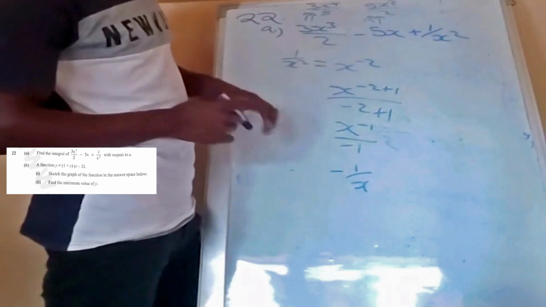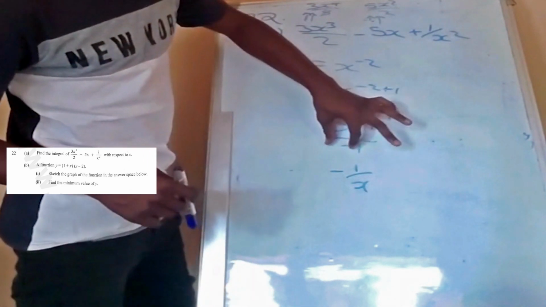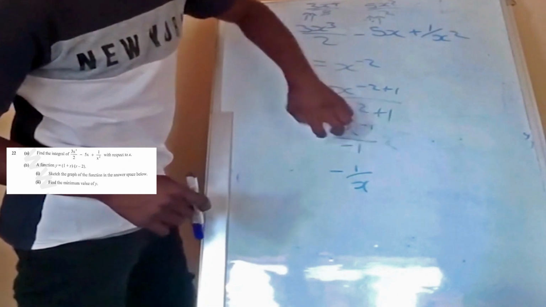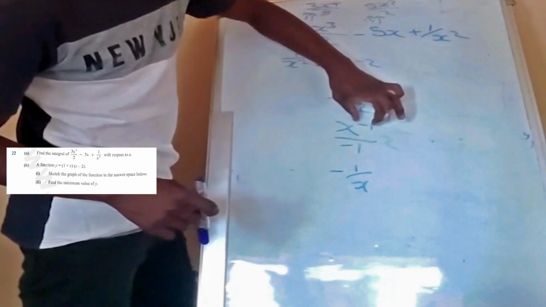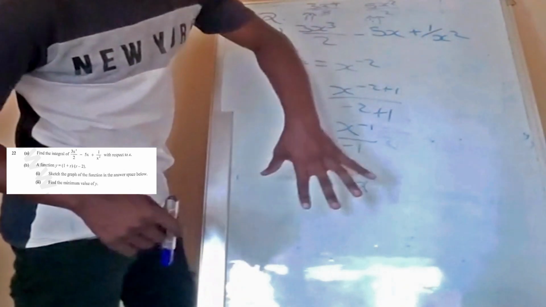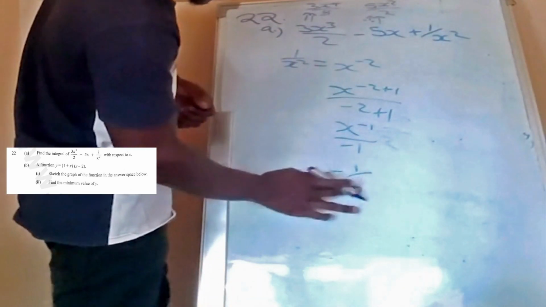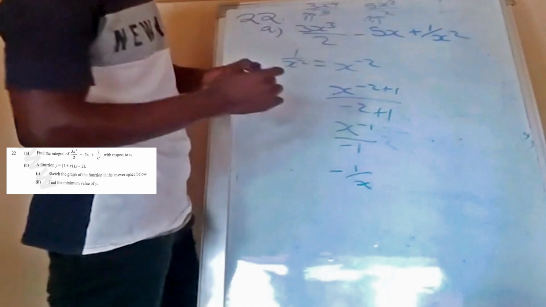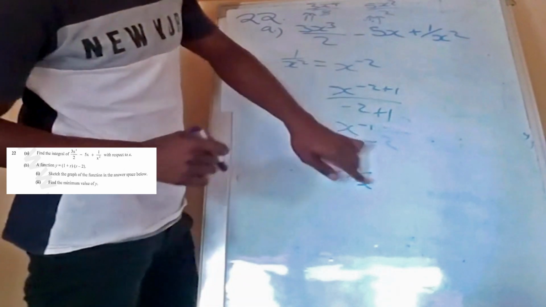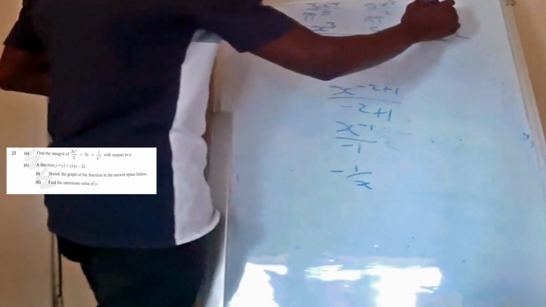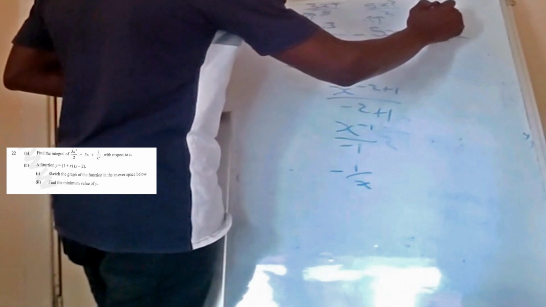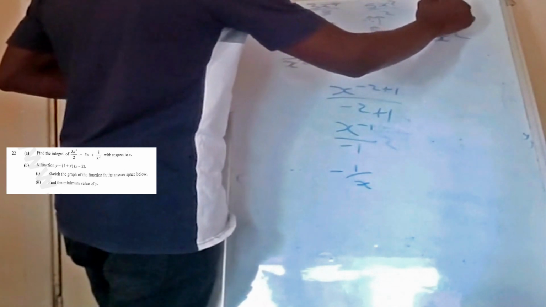Do you agree? Yes. Why? Because this negative is showing that this whole thing is a negative. The power negative 1 can be put down, the x can be put as a denominator, having a positive power, which is positive 1. So you can write this as 1 over x.